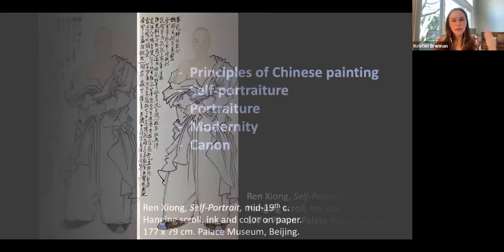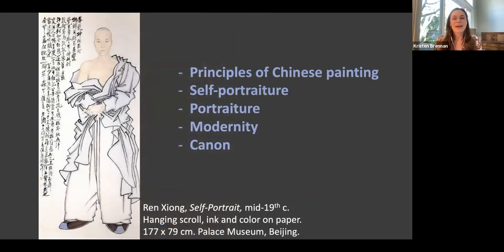First, the more introductory principles of Chinese painting, for example, brushwork, calligraphic line, medium, format. Of course, self-portraiture is the most obvious of those topics that we might wade into as well, specifically how it relates to artistic status and identity, the idea of self-presentation and the cultural conventions behind that.